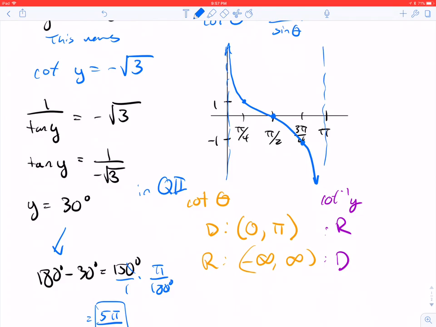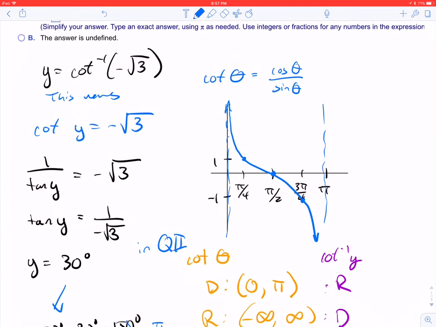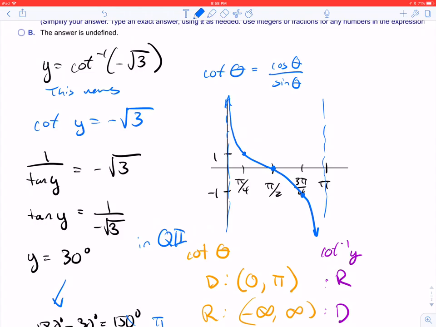Once you have the correct graph and the correct restrictions, when we look at the original, we ask ourselves, is negative square root of 3 in our domain for the inverse? Yes, because the domain is all real, so you can have any input. But then our output needs to be between 0 and 180 based on our restrictions. So we did the part on the left with the cotan: cotan of y equals negative root 3.